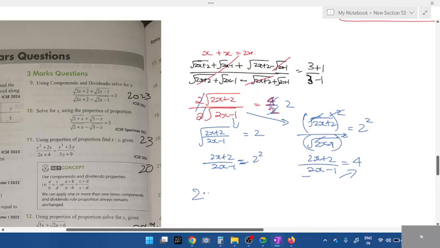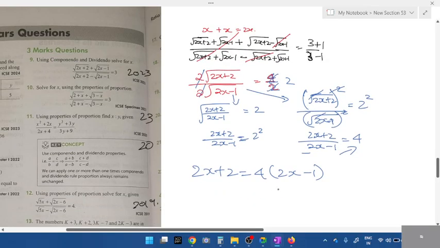Cross multiply: 2x plus 2 is equals to 4 into 2x minus 1. What is x, student? Still solving? What's the value?